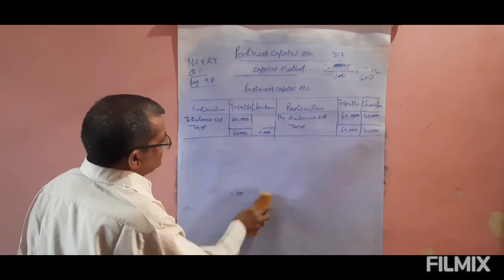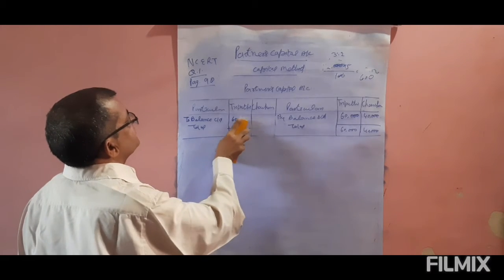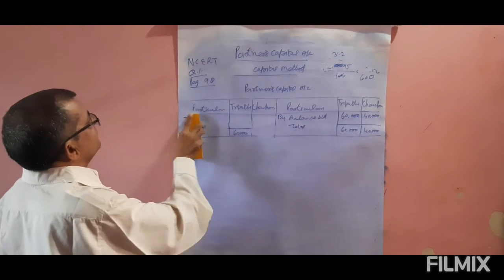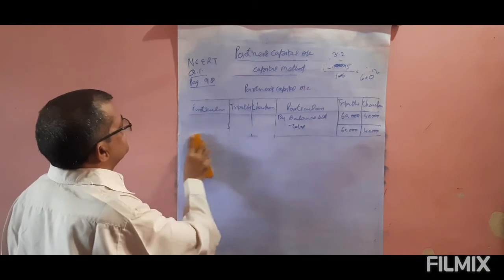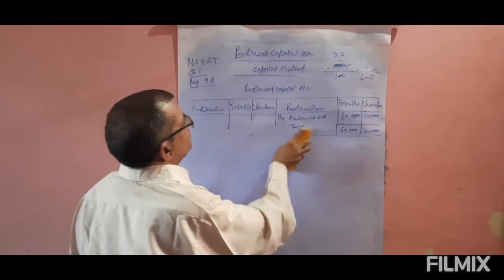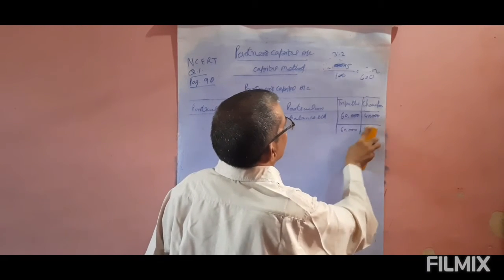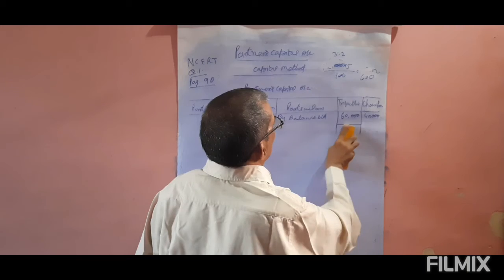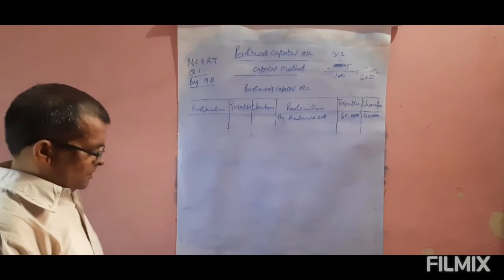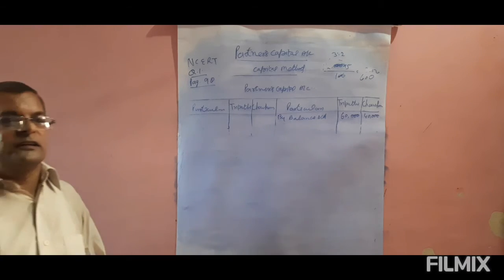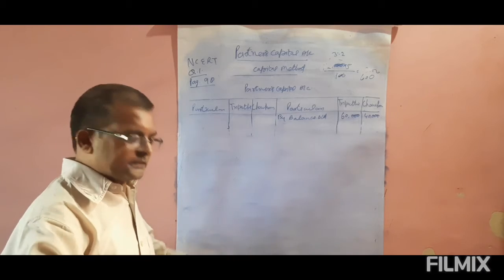Now again we have prepared this account. Only single entries are prepared. Now this is partner's capital account. The method is the fluctuating capital method. Which method? Fluctuating capital method.